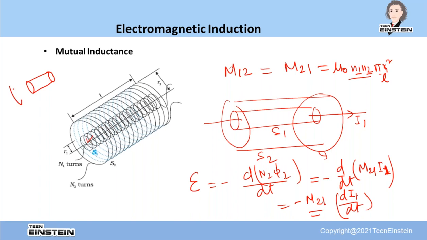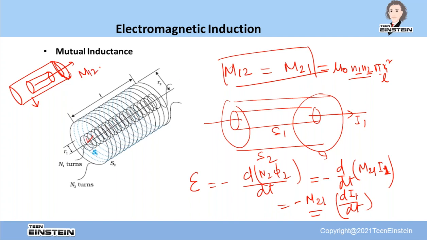That means both the solenoids are not of the same length. Then how do you calculate the induced EMF? Because we don't know how much flux is linked in the outer coil due to the current in the inner coil.